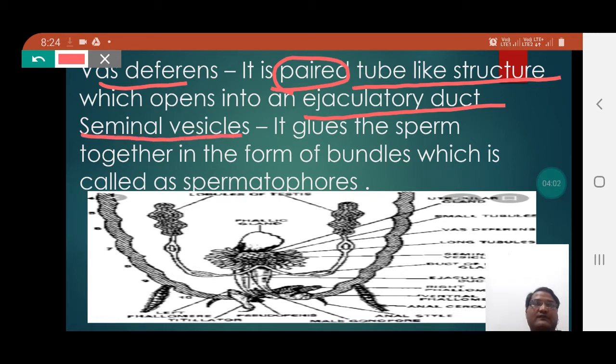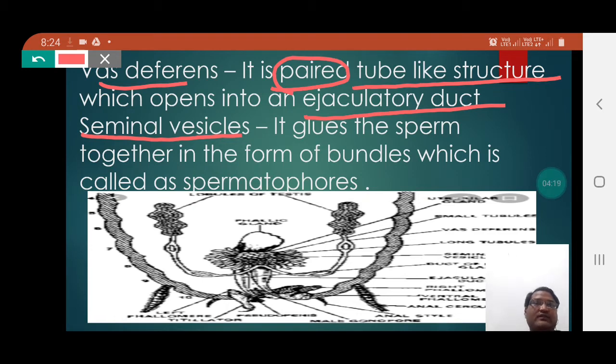Seminal vesicles. It glues the sperm together in the form of bundles, which are called spermatophores.